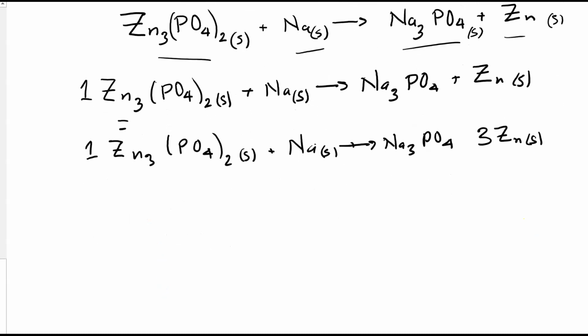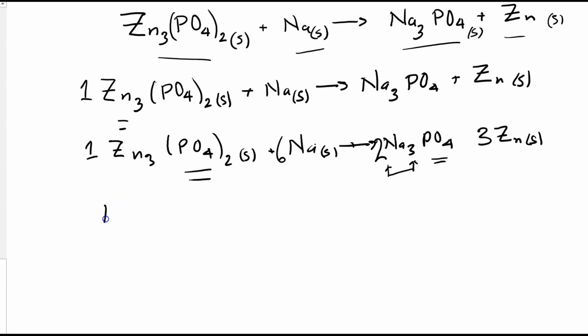So the zinc is taken care of. How many units of phosphate do we have? We have 2 units of phosphate on this side. We have 1 unit of phosphate over here, so we need to put a 2 here. As we're going through this, all of a sudden we have 6 units of sodium, so we have to put 6 units of sodium on this side.